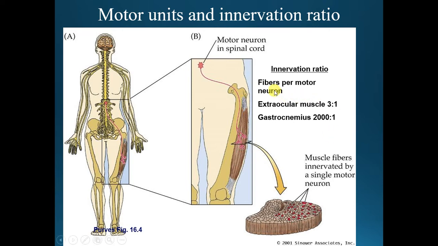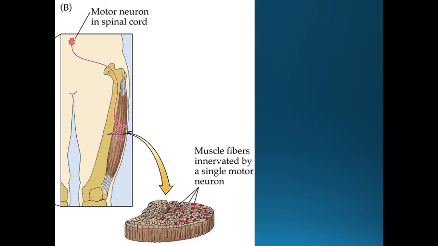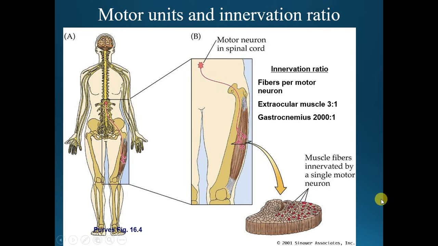Innervation ratio, fibers per motor neuron: extraocular muscle 3:1, and gastrocnemius 2000:1. This is the ratio of innervation of the motor units. Muscle fibers are innervated by single motor neurons, as discussed earlier.